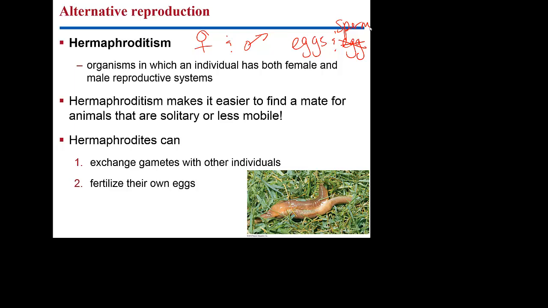We can also look at this as being a strong advantage in some environments, particularly for organisms that are few in number or are not living in social type scenarios, meaning that you may rarely see another individual of your same species. If this is the case, then it's very difficult to mate, right, and reproduce sexually.